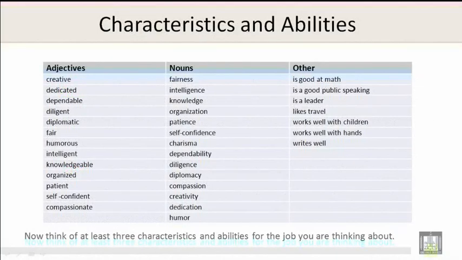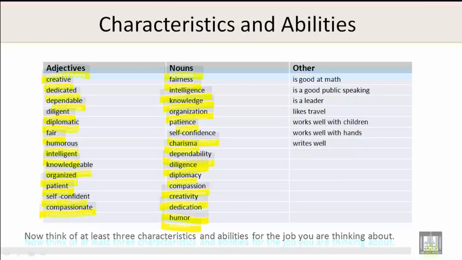Characteristics and abilities. Under adjectives, we have creative, dedicated, dependable, diligent, diplomatic, fair, humorous, intelligent, knowledgeable, organized, patient, self-confident, and compassionate. Under nouns, we have fairness, intelligence, knowledge, organization, patience, self-confidence, charisma, dependability, diligence, diplomacy, compassion, creativity, dedication, and humor.